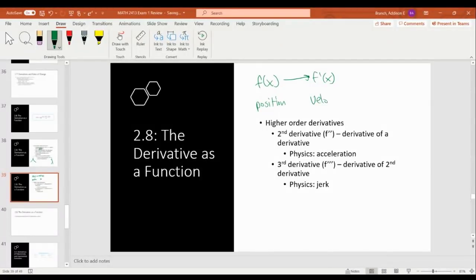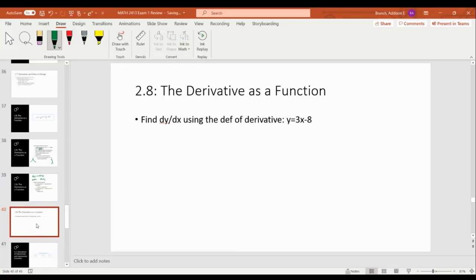F prime will be your velocity. And then that'll bring you to your second derivative, which is acceleration, and then third, which is your jerk.